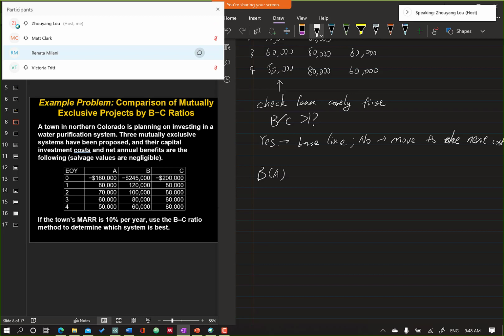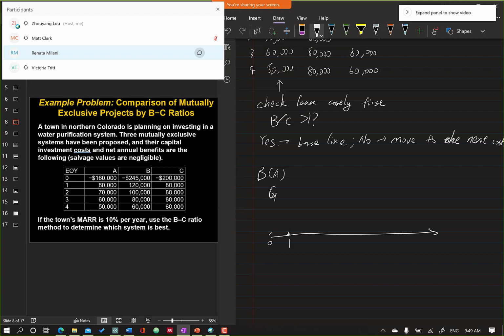You may recall this is the uniform gradient series. But remember, for a uniform gradient series, what do we need for the first year?